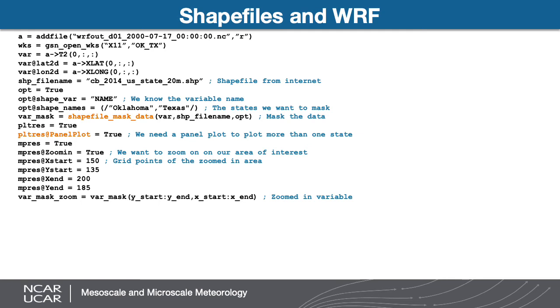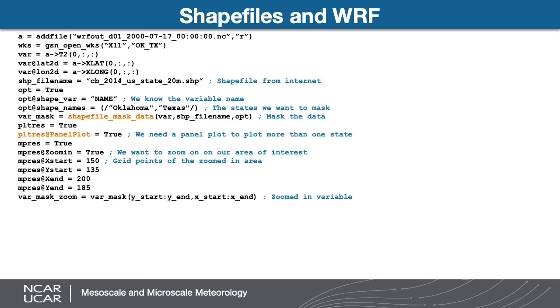So we're going to set zoom in equals true, and I also specifically know my X and Y grids that I want to zoom in the area, and I found these just by opening up a WRF file at NCView and hovering over the points to see where I wanted it to start and end.